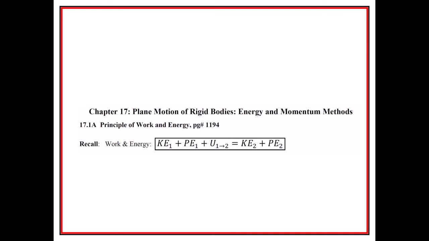So recall that the big equation we used for work energy was the kinetic energy before and potential energy before, so the energy before, and then an external work that gets placed on it.